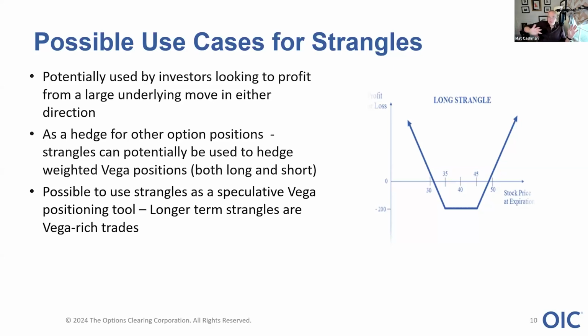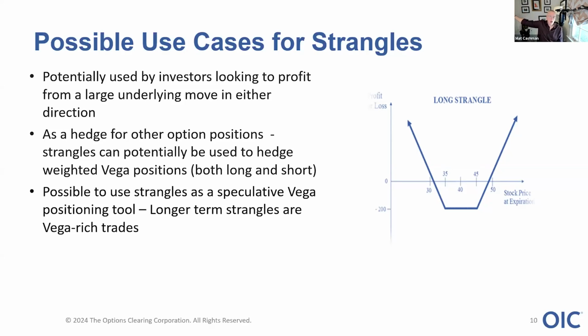When you get especially to the back of the curve, they're very Vega rich trades. And so if you have a speculative idea about implied vol levels in general, strangles are a great way to express that idea.